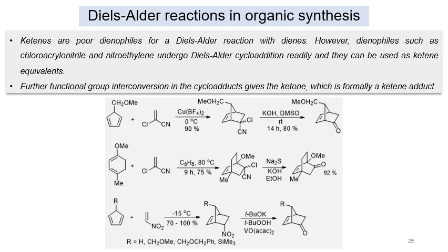After functional group interconversion, the cycloadduct can be used to give you a ketone derivative. So you see these three examples. Here the cycloadduct is formed with this particular substitution pattern. Similarly here, and at this position it is CN, O2.